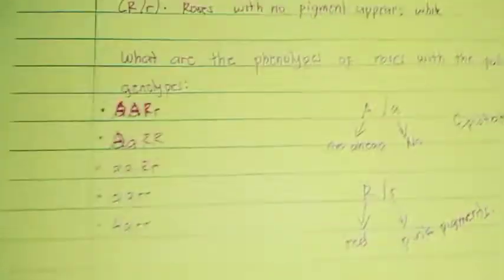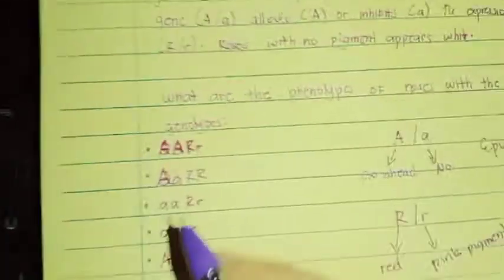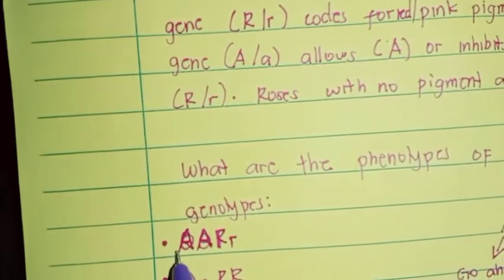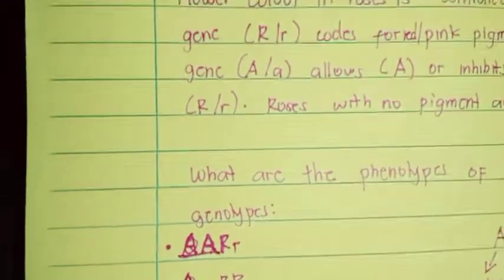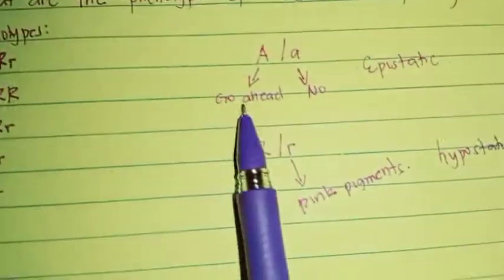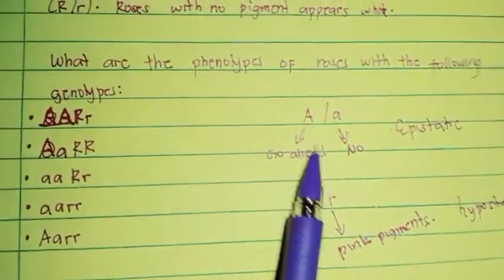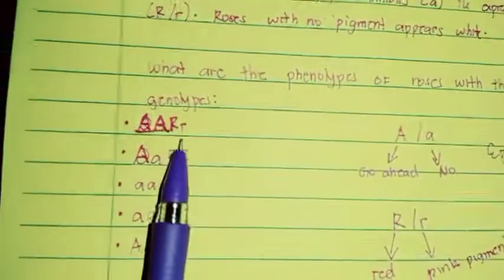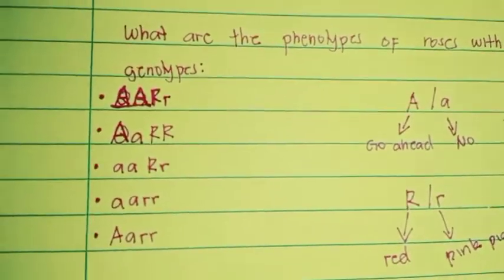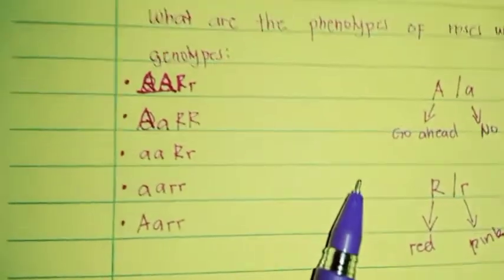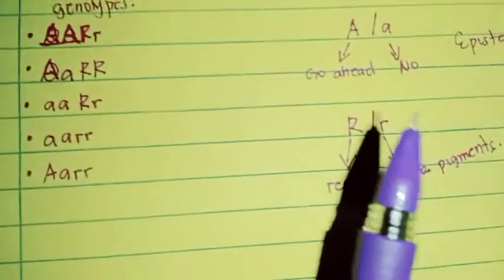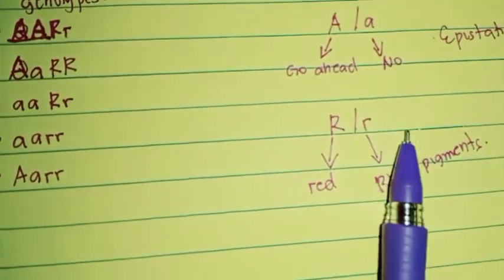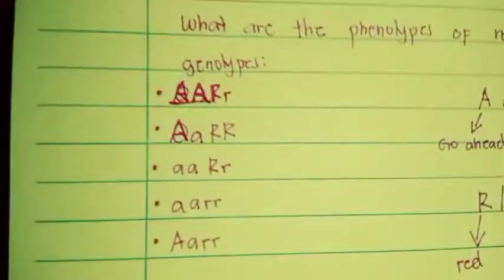So I identify this. We'll first look at the first part, capital A and capital A. In our illustration here, the capital letter A is go ahead, which is the dominant epistatic. So that means we will go ahead and look at the next gene, which is the capital R and the lowercase r, the red and pink pigment.